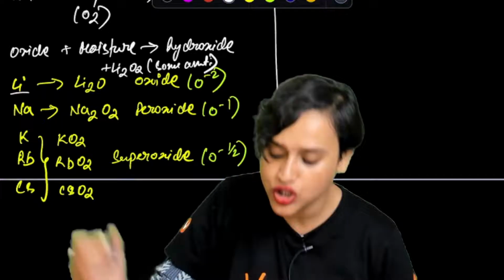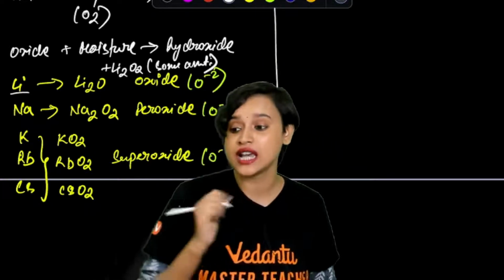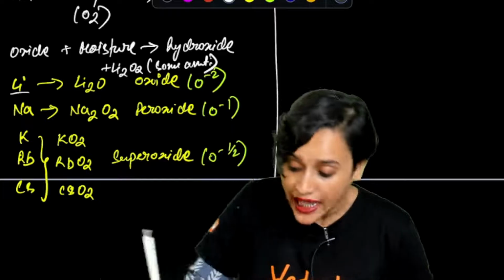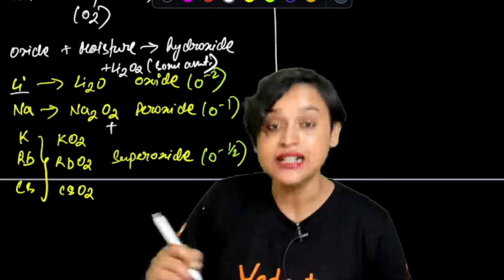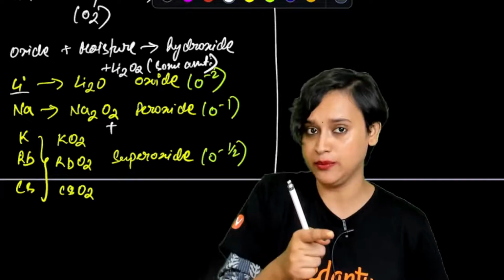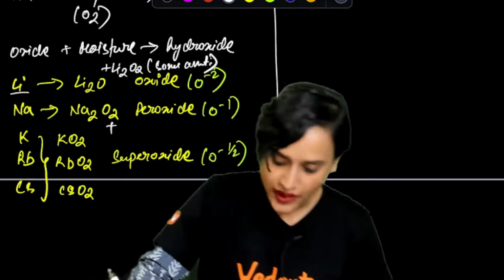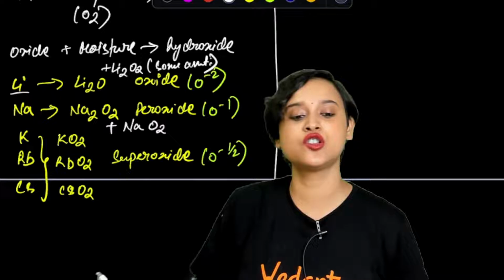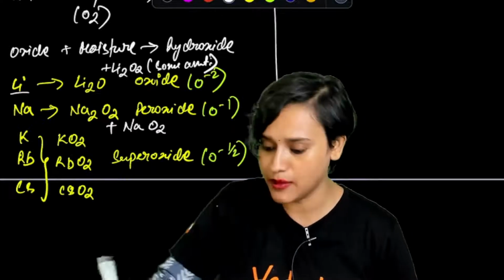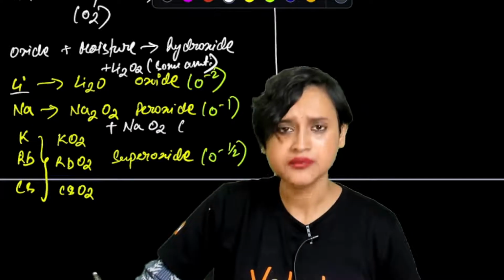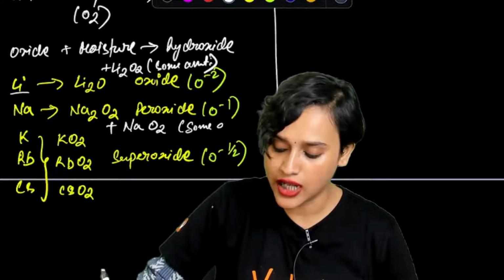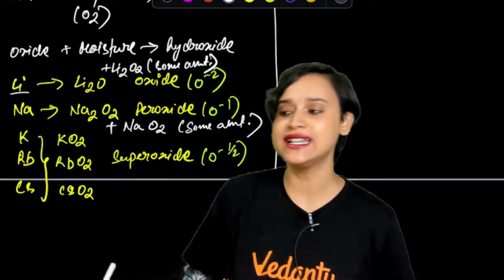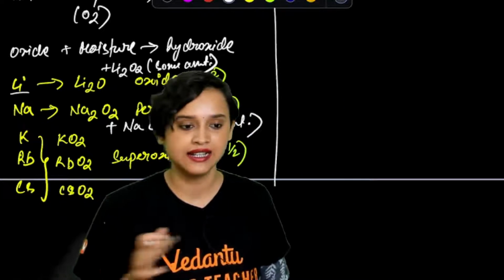Only some amount of peroxide is also formed. And with sodium peroxide, you will see that some amount of sodium superoxide is also formed, just a very trace amount. It's not too much. Is this clear, everybody?